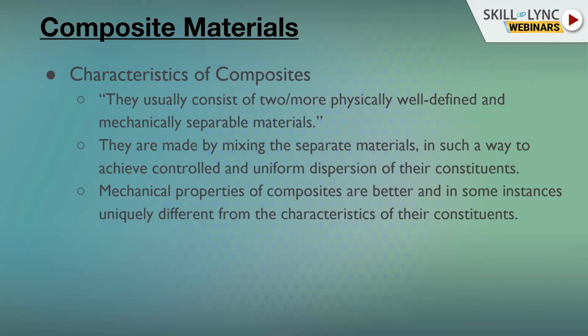The composite materials are produced by mixing these two different materials in a controlled manner and having a uniform dispersion in order to achieve a part which has better qualities in terms of mechanical properties and finish, compared to the constituents that are used. The idea is to have a part which has better mechanical properties than the constituents.